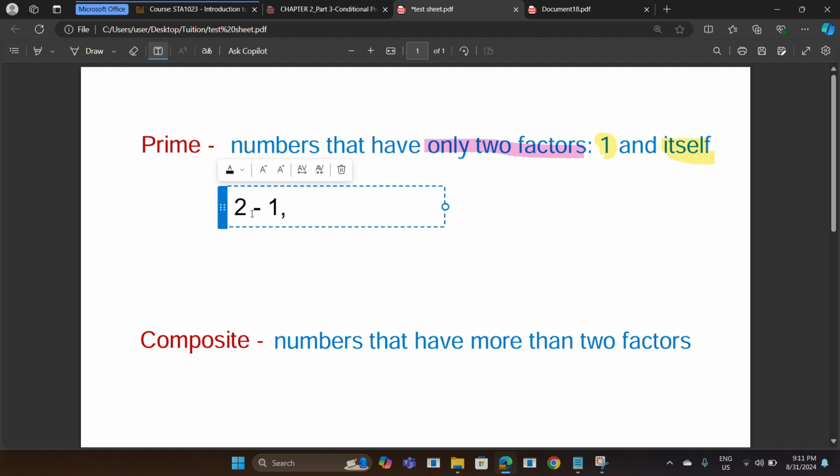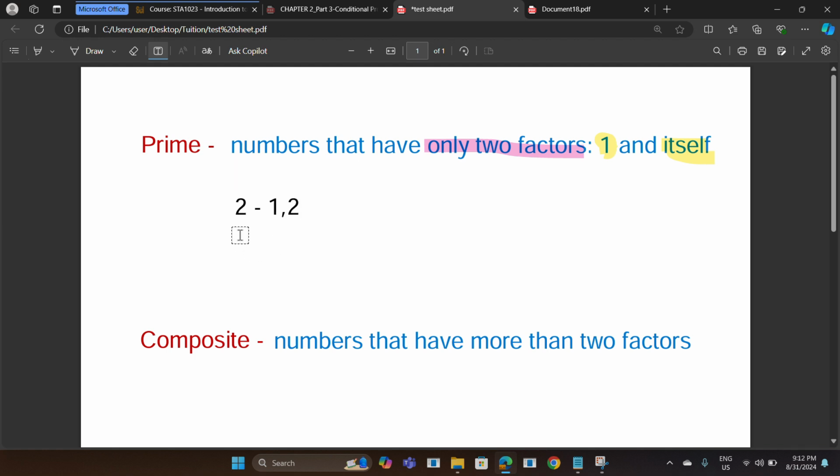Itself means by the number. Number 2 has only these 2 factors, 1 and itself. Because of that, 2 is a prime number. 2 is the smallest prime number among the numbers.